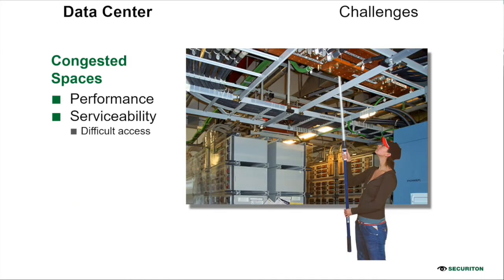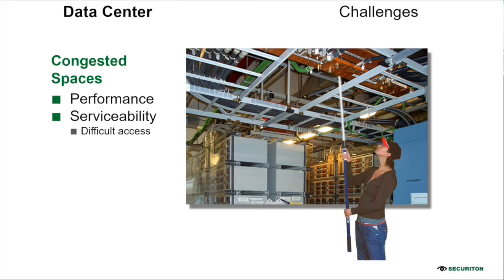Now, congested spaces also make the use of point detectors impossible. And it is more expensive if you use the normal smoke detection system, compared with the maintenance of the system.